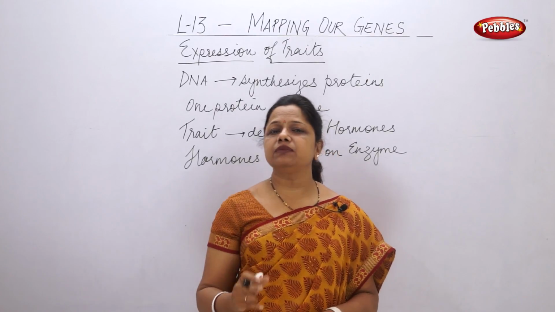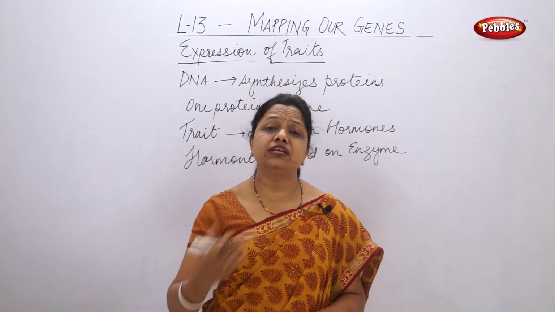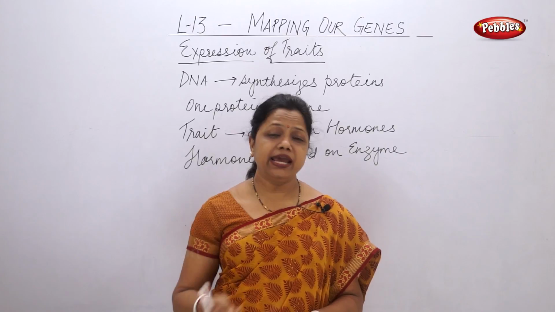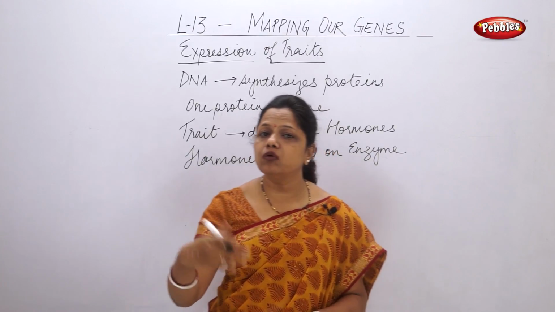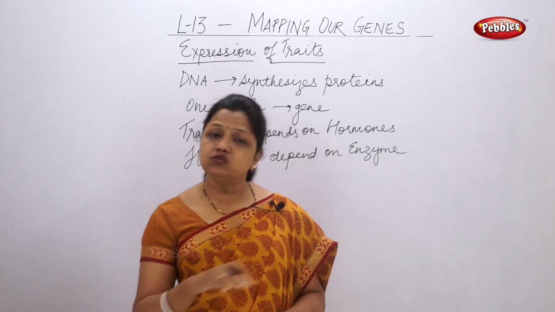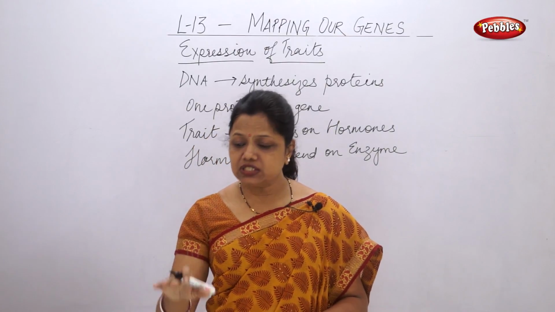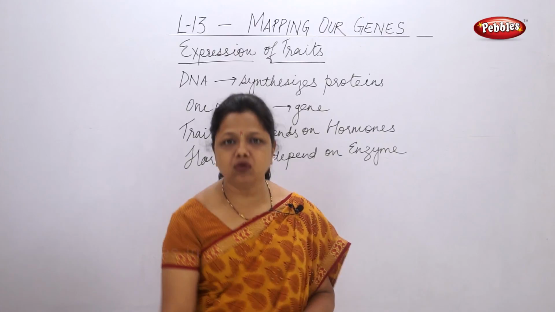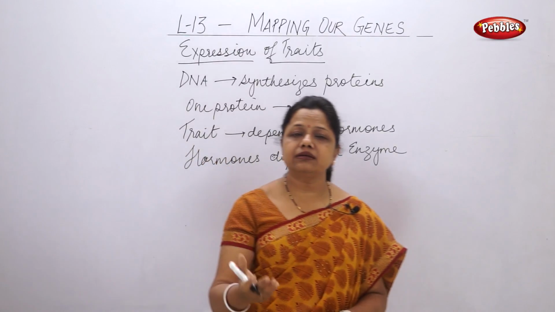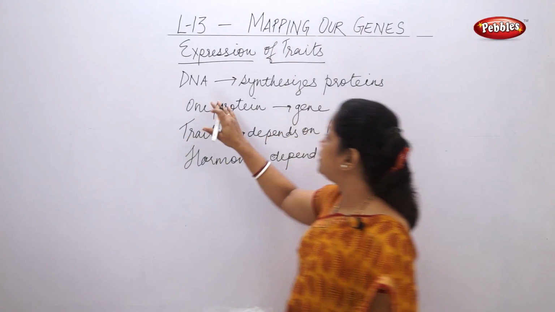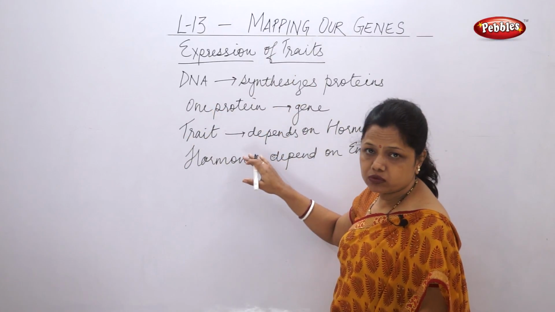But if the enzyme is inefficient, what will happen? Inefficiency will not result in a proper amount of hormone being released. When there is no proper amount of hormone, stunted growth or less growth of the plant will be seen. So this is how the characters or the traits are dependent on the hormones.